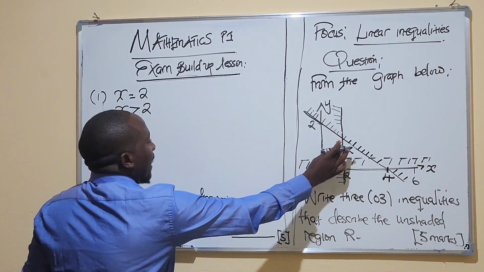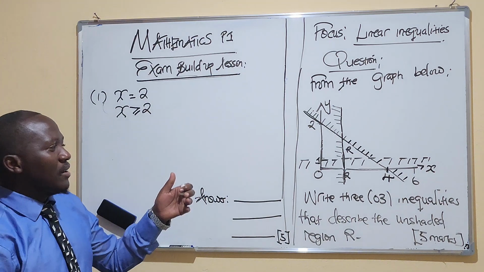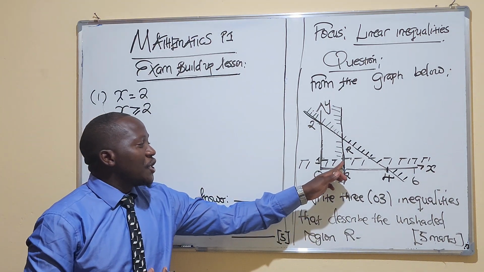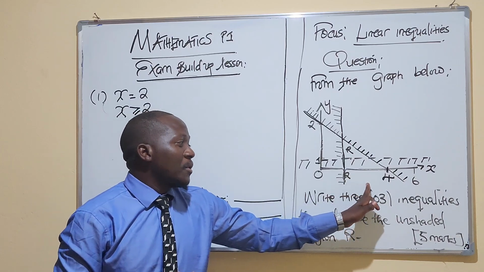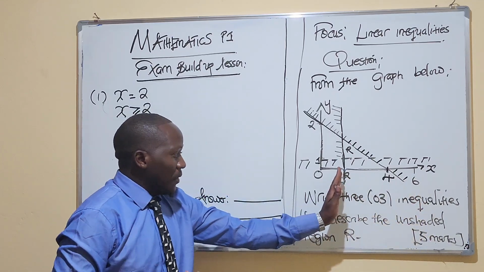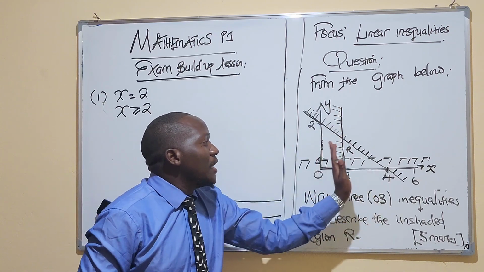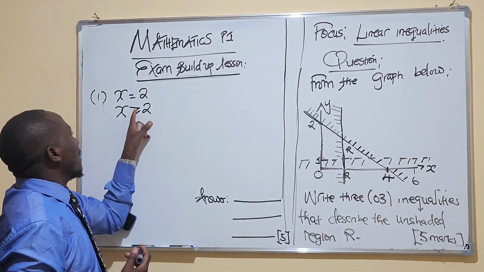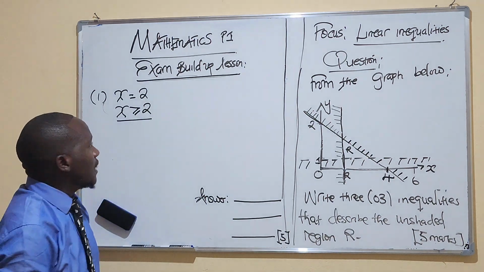Looking at the nature of the line, this is going to be an equal to. How can you explain this in mathematical language? This has been shaded to be less than 2 because the 2 is here, so most of the values that are here are greater than, so this is less than. We want the unshaded part of this line, which is the greater than, and we've already written greater than or equal to, which means we are directly correct.